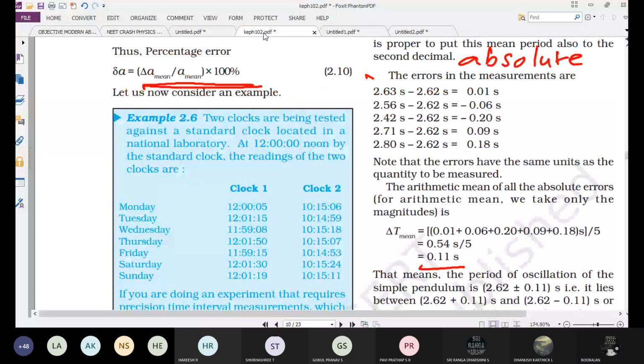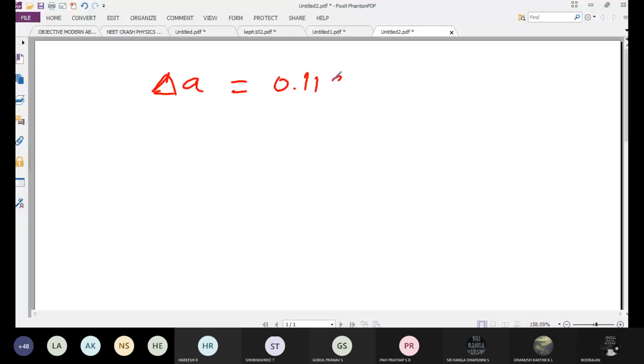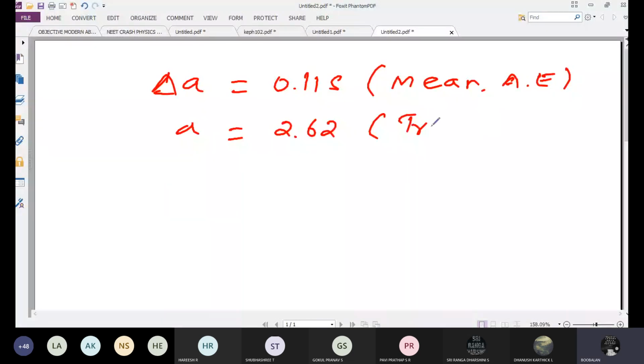This is the mean absolute error. True value is 2.62. True value or mean value, both are the same. The next one is the range.